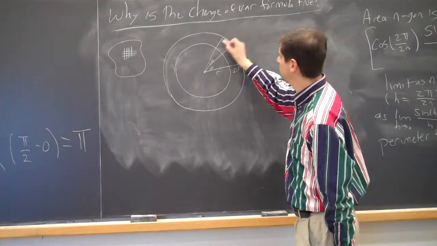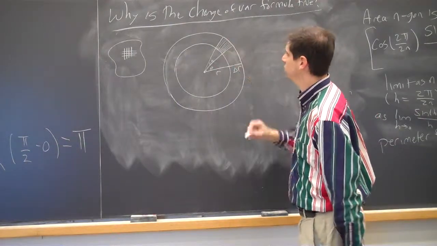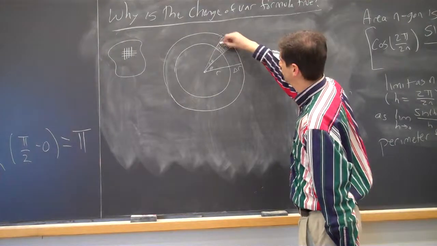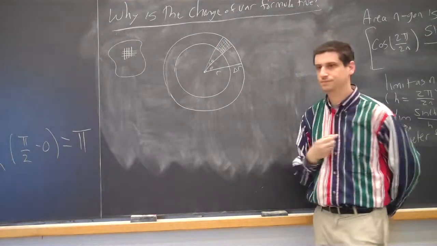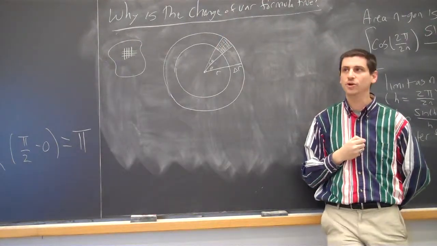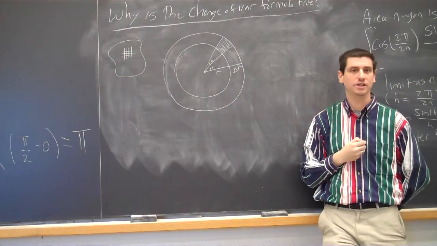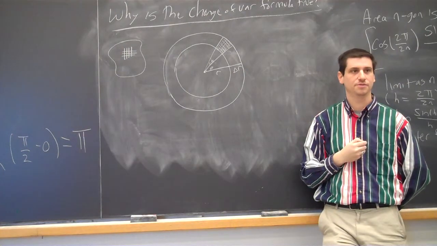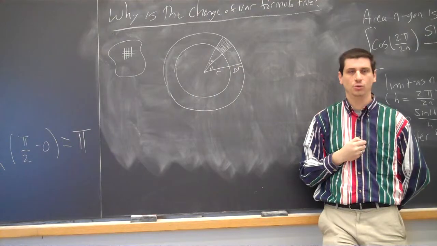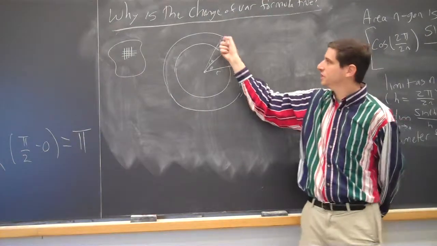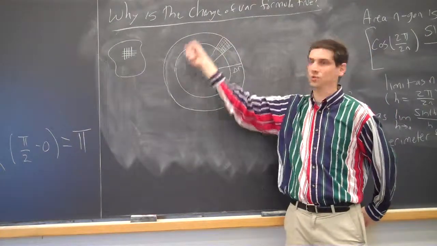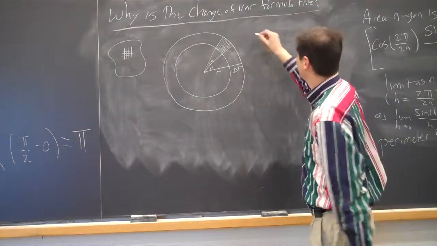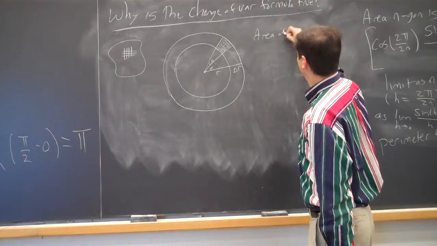And so I'm now going to get a small area patch over here. I want to figure out what is the area of that little patch. Well, rather than calculating the area of this little patch, can somebody give me the area of this whole moat?